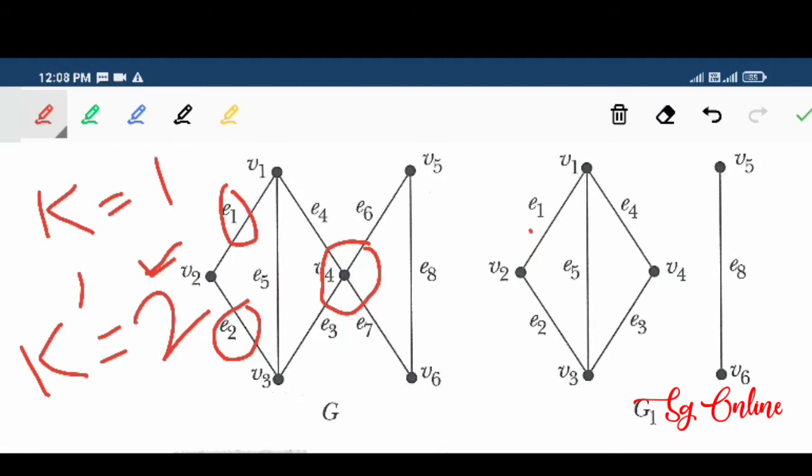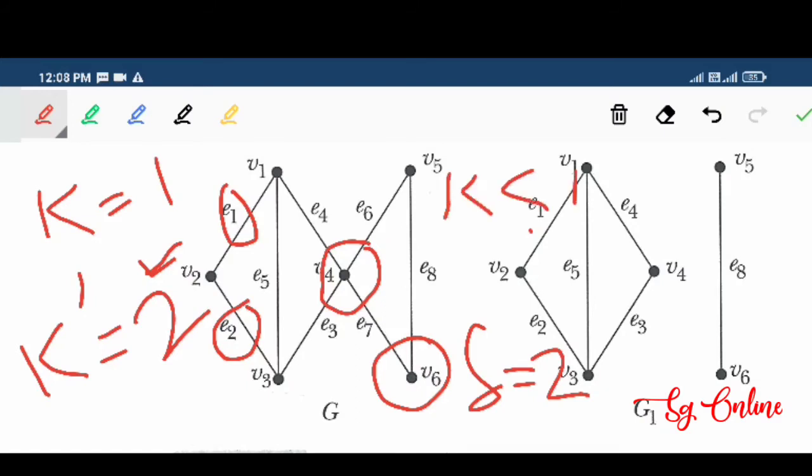So kappa dash is 2, and you see that delta G, the minimum degree of the vertex, is also equal to 2. And so you see that kappa is less than kappa dash, and that is less than or equal to delta here.